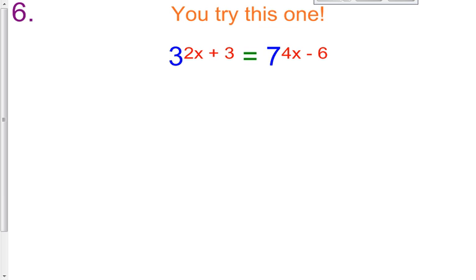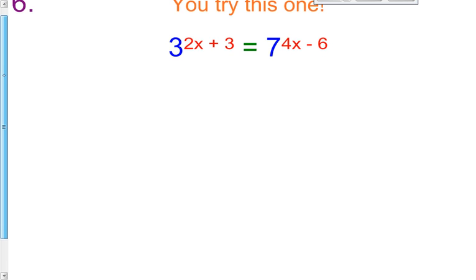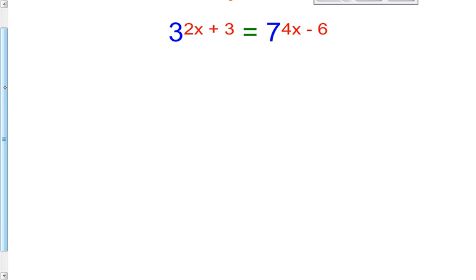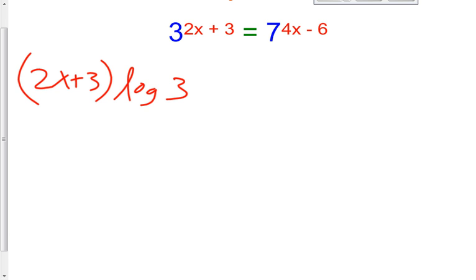Okay, class, we'll try this one all together now. So what we're going to do here is we're going to take the log of both sides. So log 3 raised to the 2x plus 3, which means the 2x plus 3 comes out in front. That equals the log of 7 raised to the 4x minus 6, and the 4x minus 6 comes out in front.